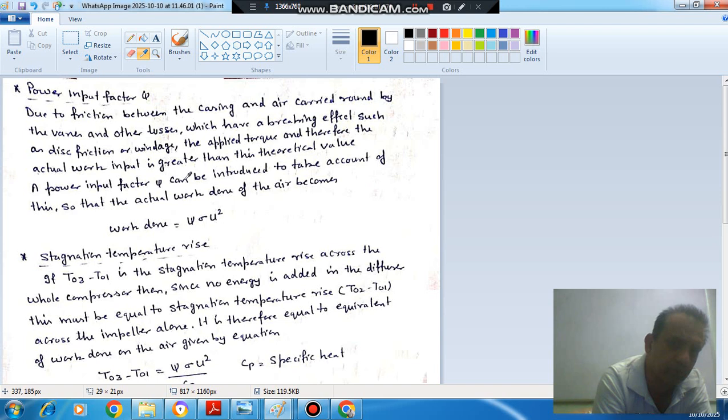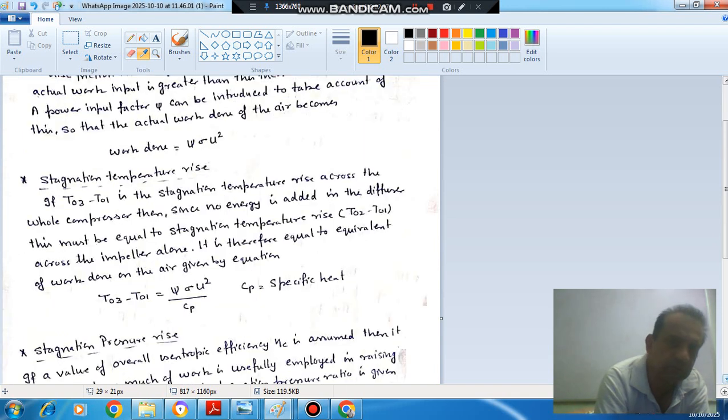So a power input factor can be introduced to take account of this, so that the actual work done on the air becomes this input factor into sigma u squared. So this is your power input factor, which tells how much actual work is required as compared to theoretical work. Theoretical work is sigma u squared, actual work is this power input factor into sigma u squared. So that is more than the theoretical work required.